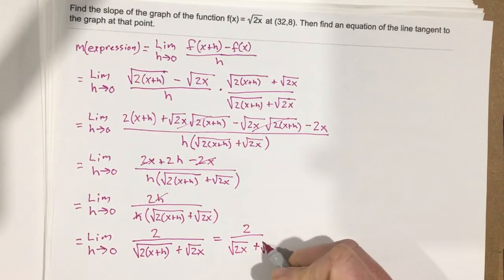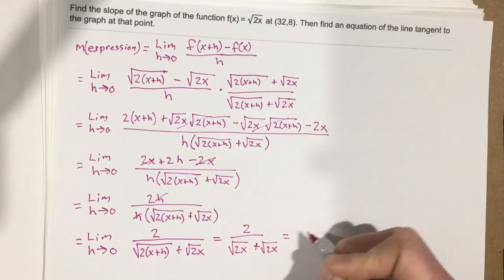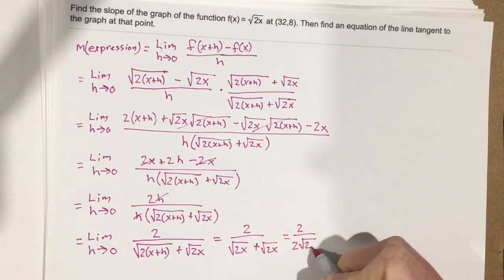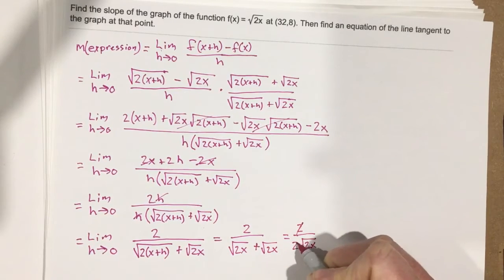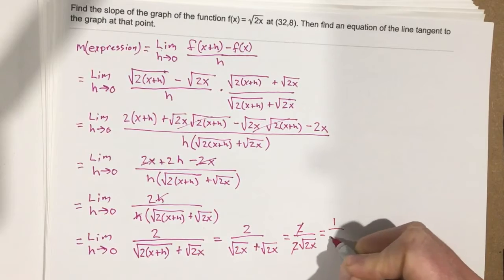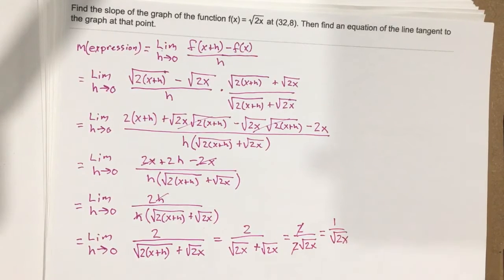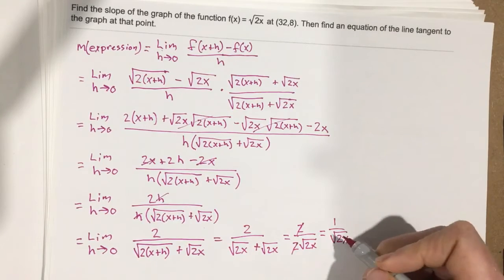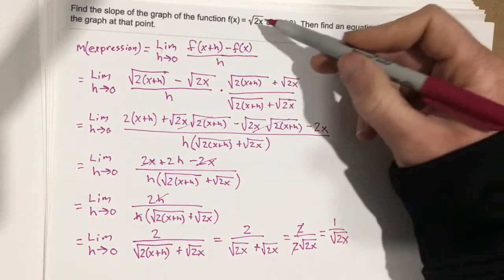Plus root 2x, which is going to give you 2 over 2 root 2x, which the 2's cancel, and you're left with 1 over root 2x. So that's the expression for the slope for this function here.